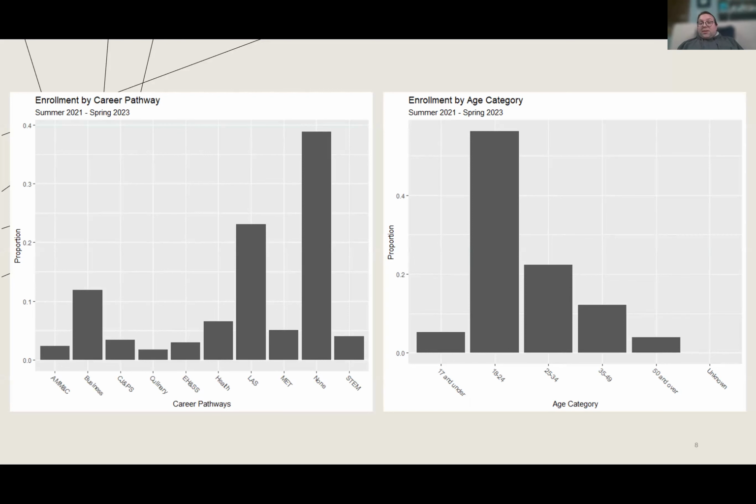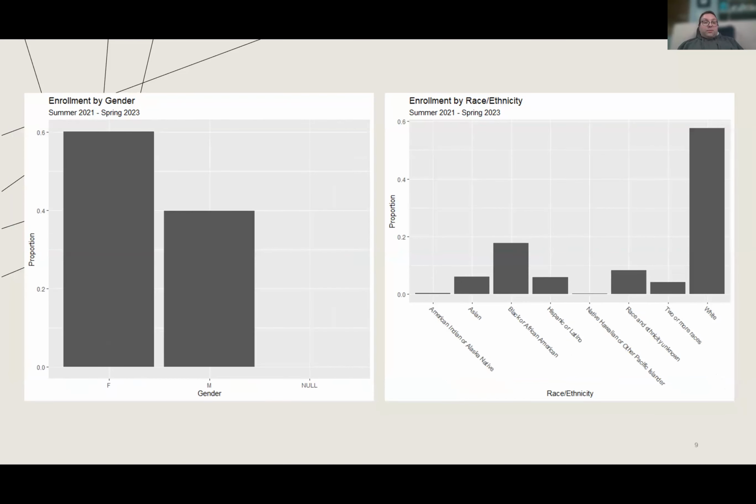Maybe unsurprisingly, the largest demographic is the 18 to 24 age category. By gender, about 60% of students during this time were female and about 40% were male. By race and ethnicity, about 60% were white, about 20% were Black, and the rest of the race and ethnicity categories comprised less than 10% each.